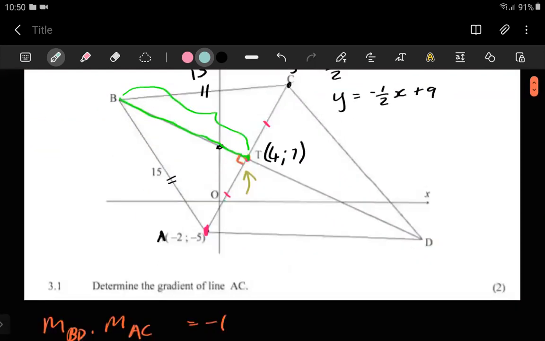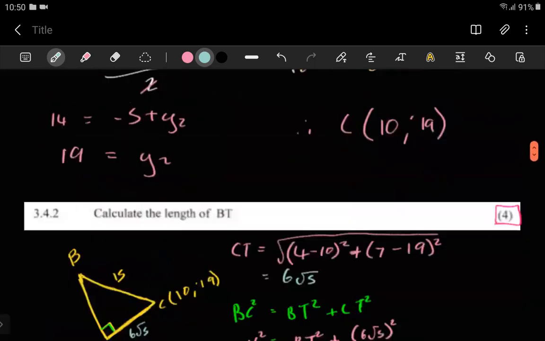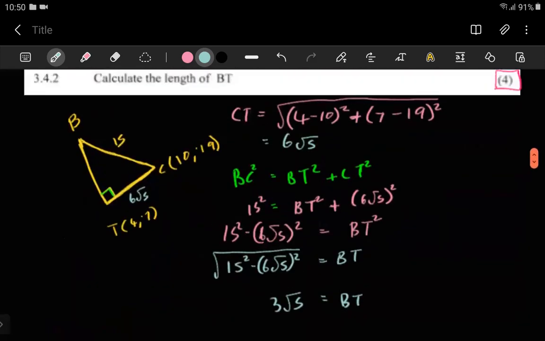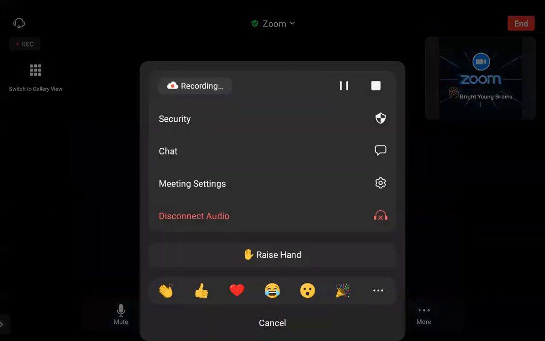Let me see here. -2 4 squared plus 5 minus 7 squared. So you're still getting an error. Yeah, I'm not sure why.